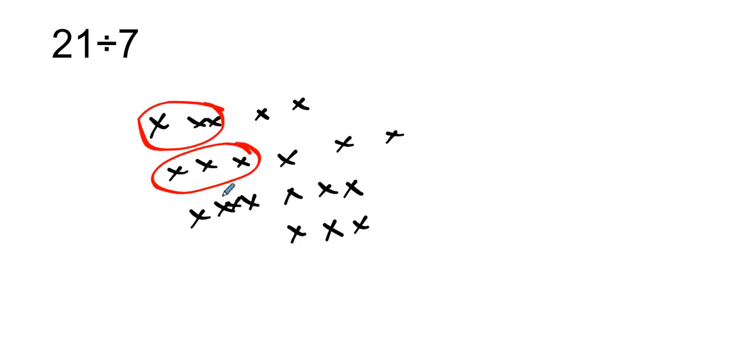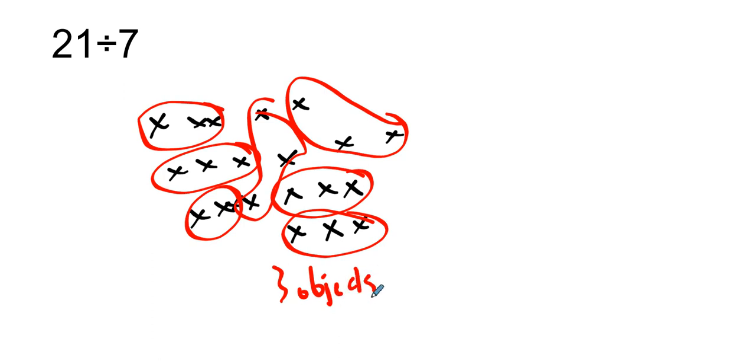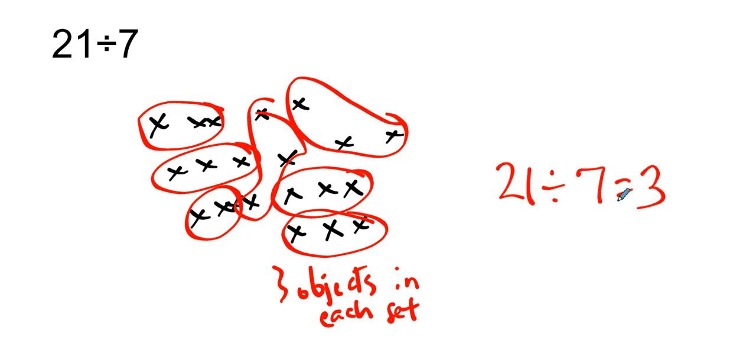Well, we can do that if each set has 3 objects in each set. This goes back to the third grade standard. So 21 divided by 7 is 3. This is the set model. There's nothing complicated here, and it drives home some of the things that we've said in other models.